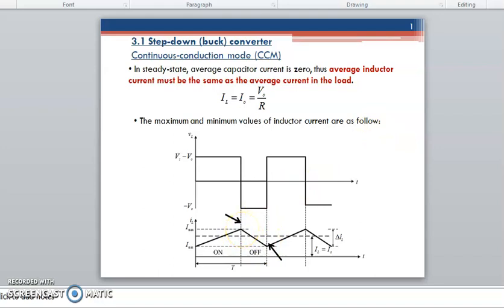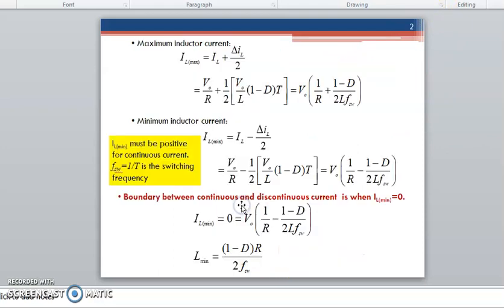For CCM, maximum and minimum are on the positive side. But for DCM, discontinuous, or at the boundary, the minimum should be at 0. If discontinuous, the Imin would be below zero.